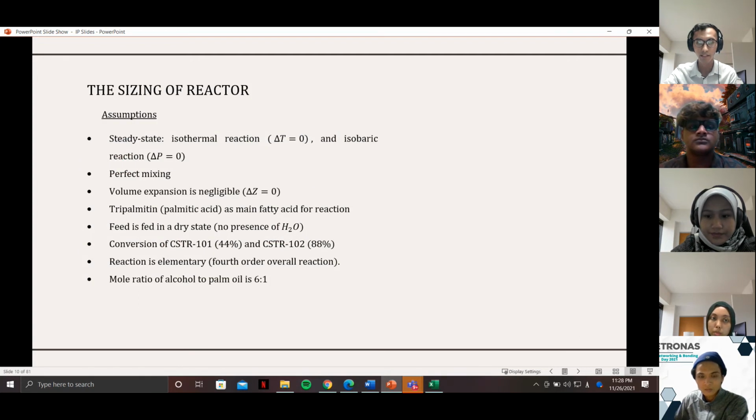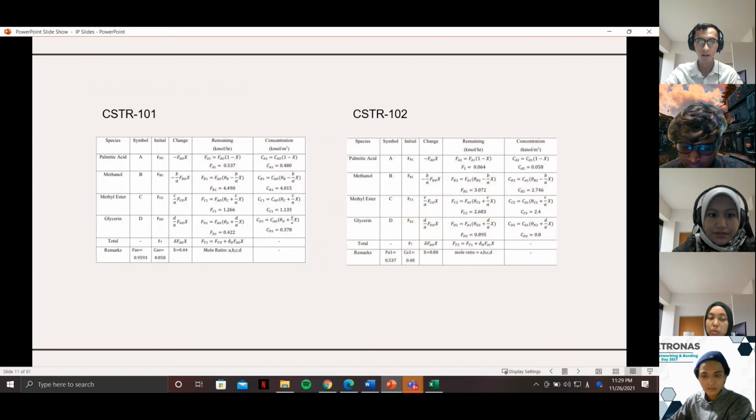The next is the sizing of reactor. We assume the volumes of these 2 reactors had been considered as the size of reactors in real life application. The following assumptions are applied in the manual calculation in order to find the molar flow rate and concentration of each component. Okay, next slide. There are two different stoichiometric tables for CSTR1 and CSTR2.